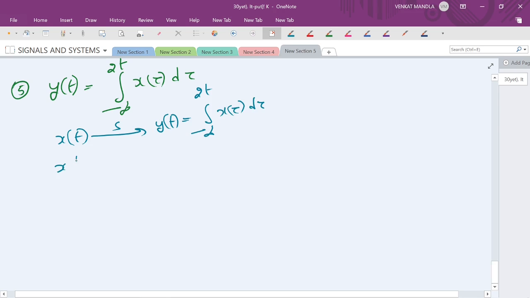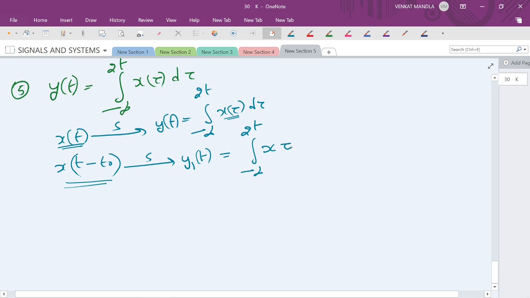Now I will apply a delay t minus t naught in the input. Let us say y1(t) equals the integral from minus infinity to 2t. Whatever the input is, that input will come under this integration with t replaced by tau.